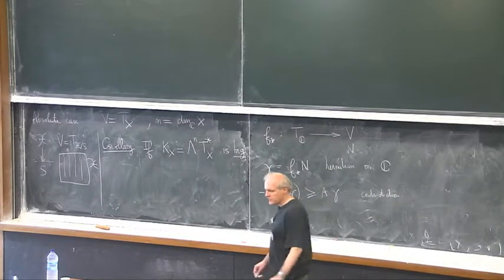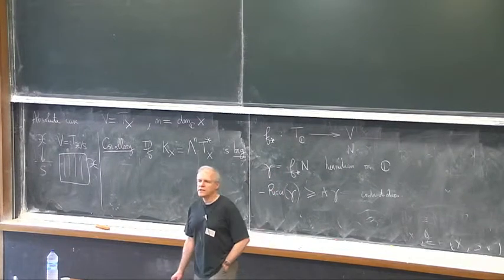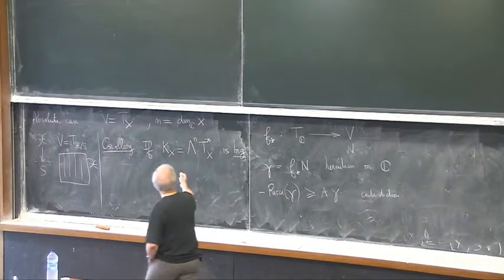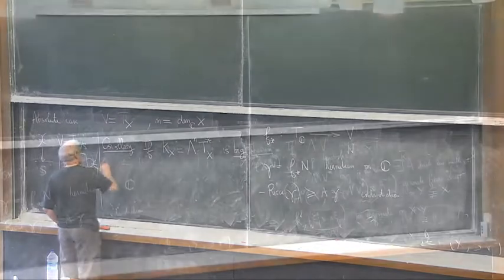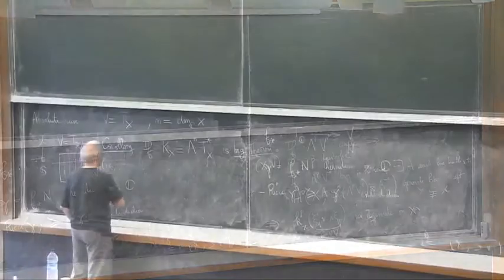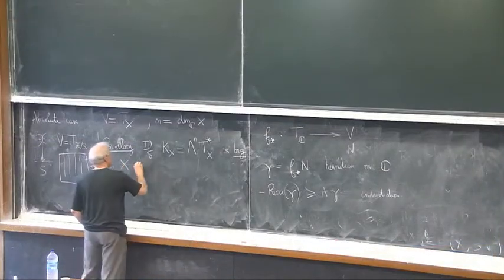This is the concept known as variety of general type. So this means exactly that in the terminology of algebraic geometers, X is a projective variety of general type.